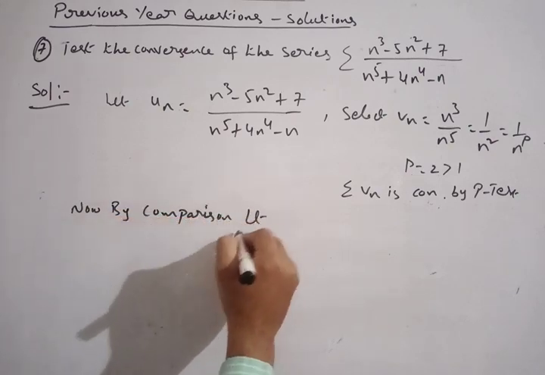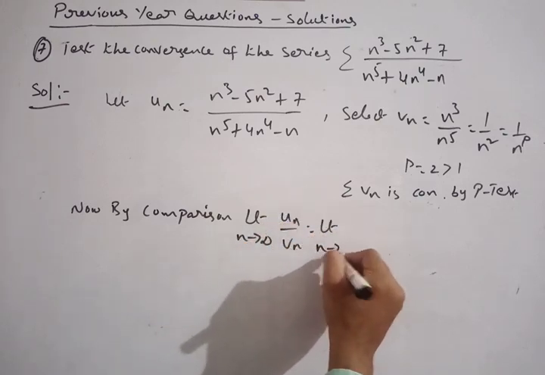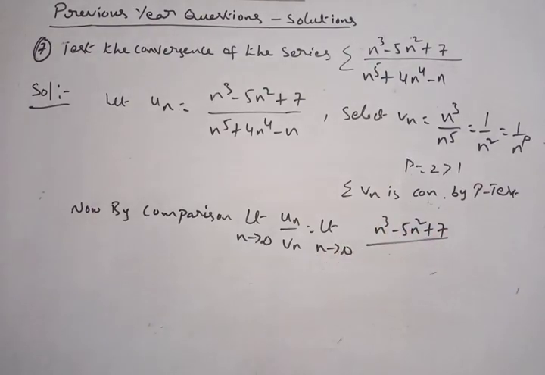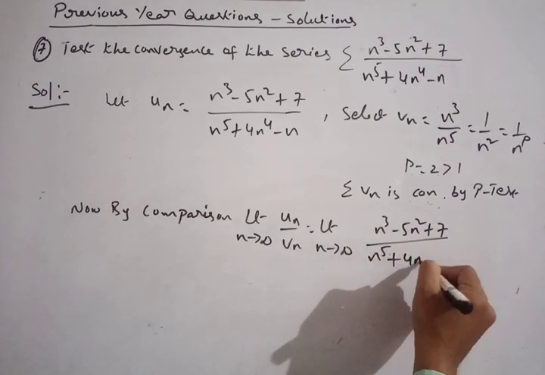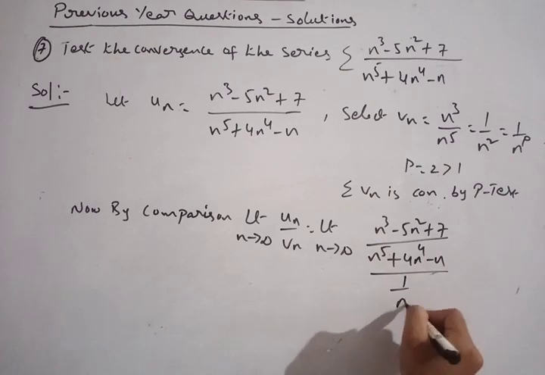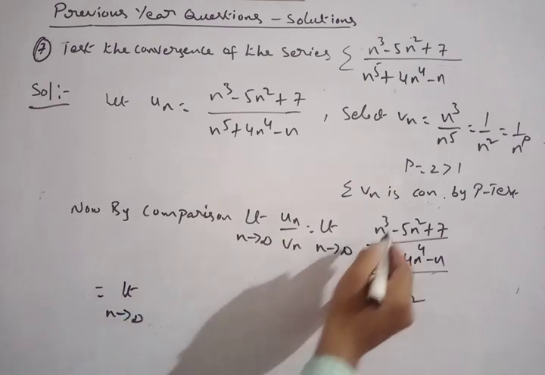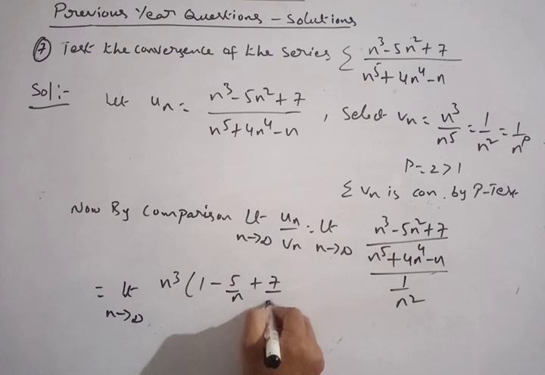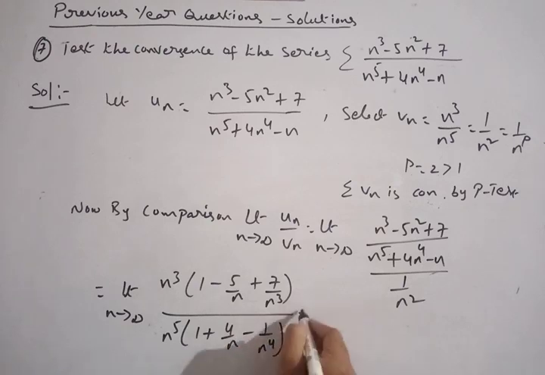By comparison, the limit as n tends to infinity of un by vn is equal to the limit of n cube minus 5n square plus 7 by n power 5 plus 4n power 4 minus n, divided by 1 by n square. This n square will go to the numerator. Take out n cube common: 1 minus 5 by n plus 7 by n cube, divided by n power 5 common: 1 plus 4 by n minus 1 by n power 4, into n square.